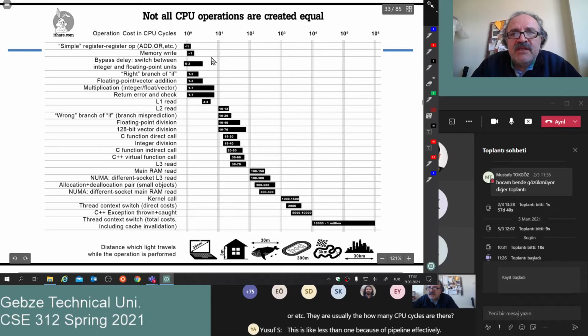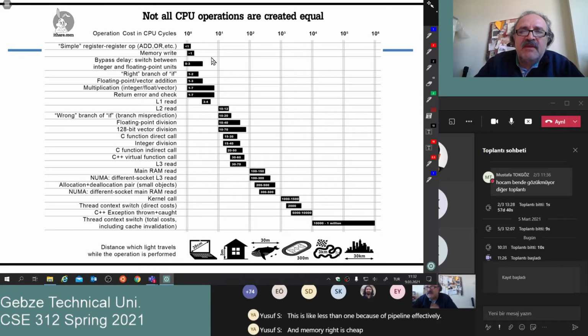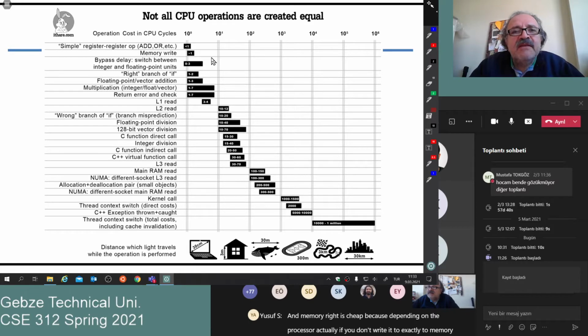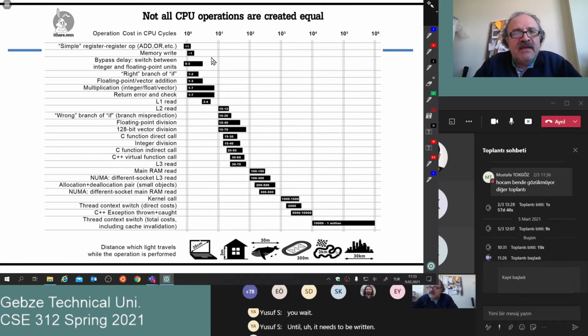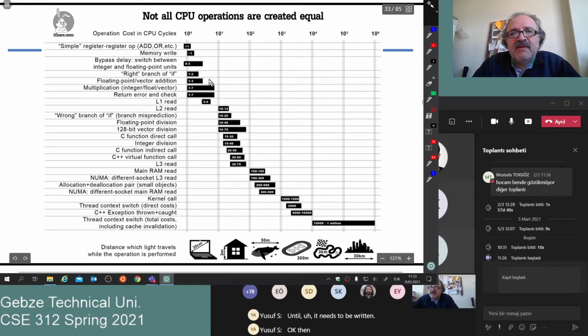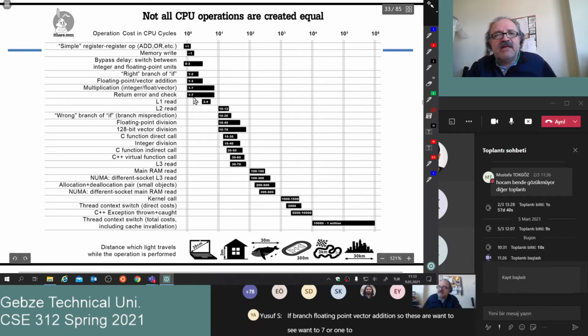And the memory write is cheap because, depending on the processor, you don't write exactly to memory. You wait until it needs to be written. Then the branch of if, the if branch, floating point vector addition: these are 1 to 3, 1 to 7 or 1 to 10 clock cycles.